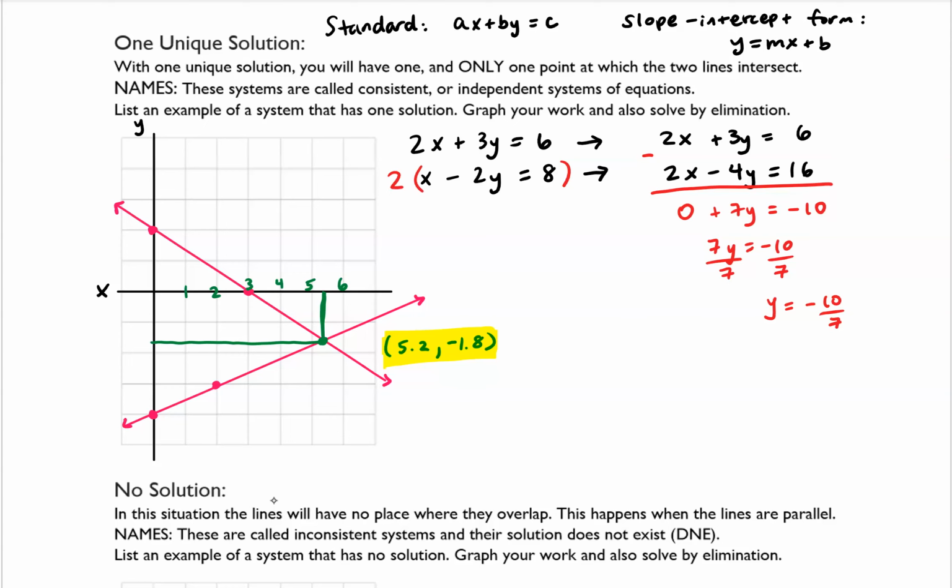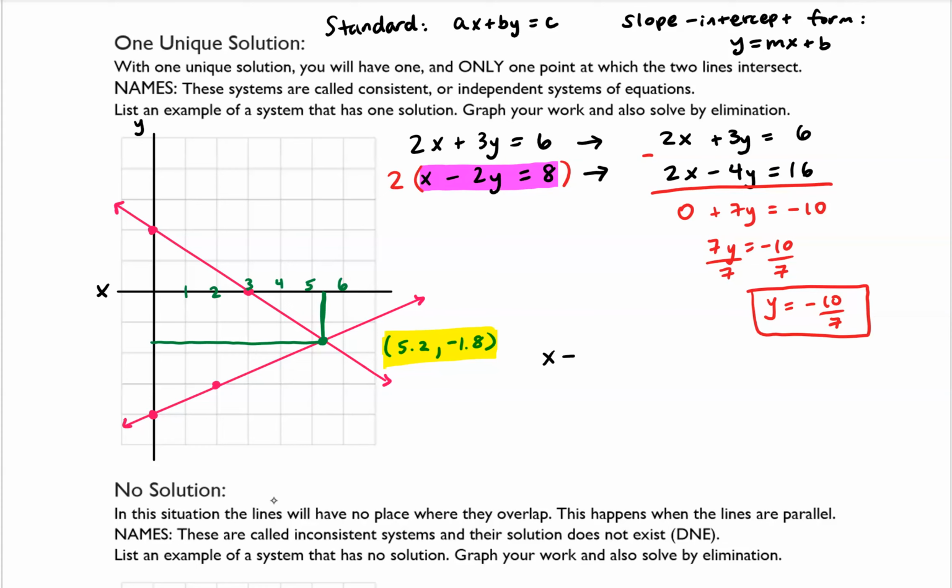So now we have the y-coordinate of our two lines where they intersect, and you can take that y-coordinate and plug it into either of the original equations to solve for x. So I'm going to go ahead and plug it into that equation right there so that I can solve for x.